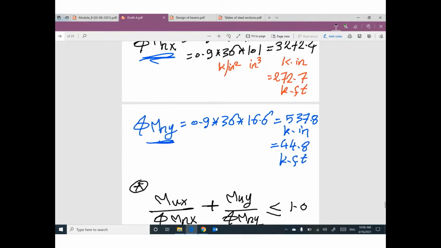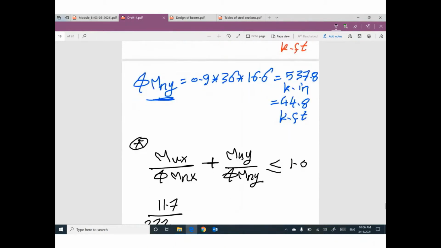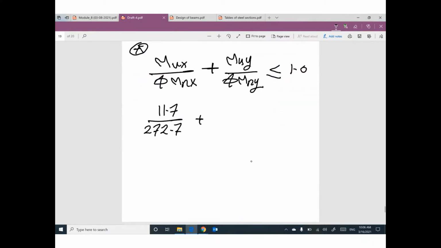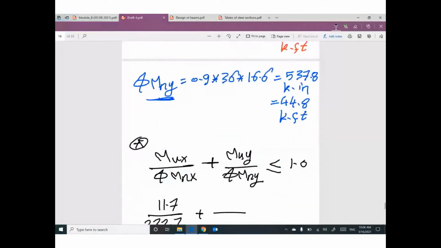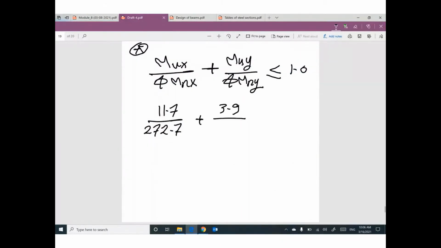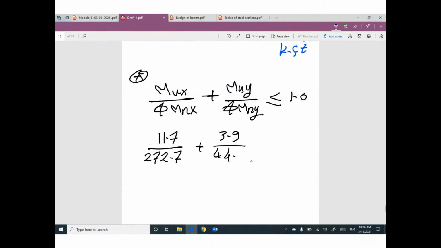Phi Mnx, 272.7. Plus M ultimate y, 3.9. Phi Mny, 44.8. What is the value? Let's see. This number equals 0.13.